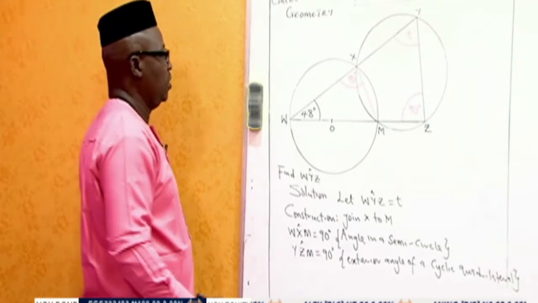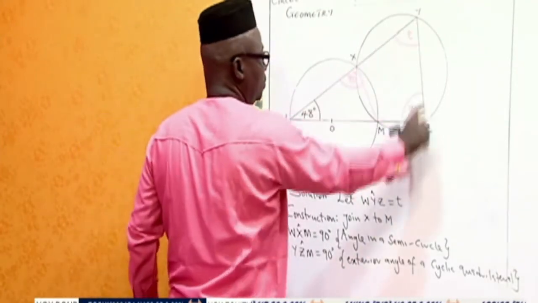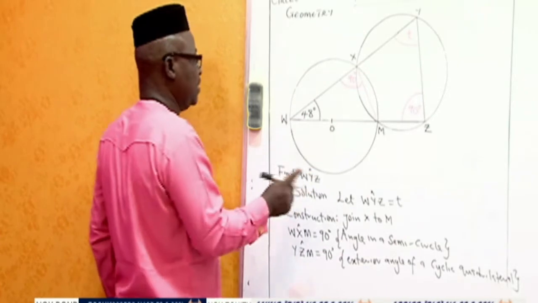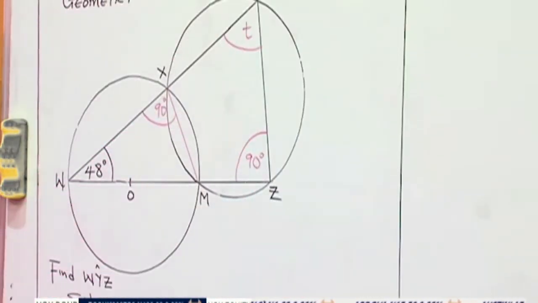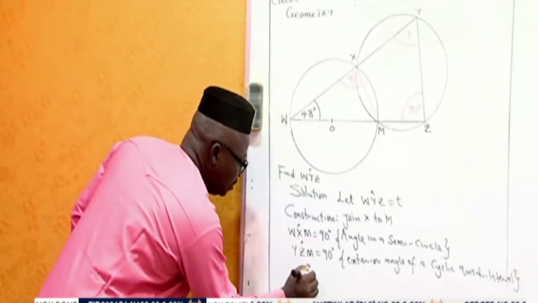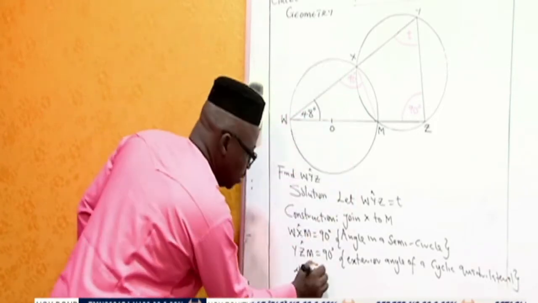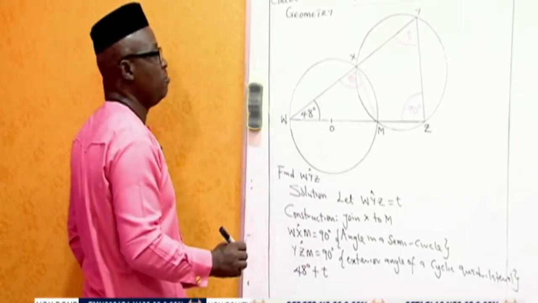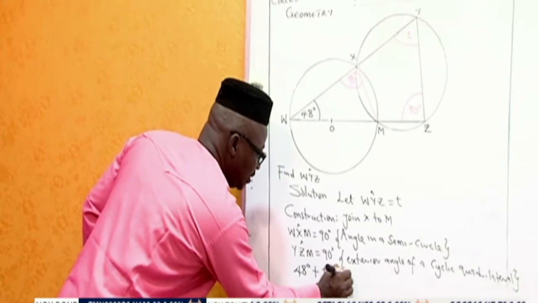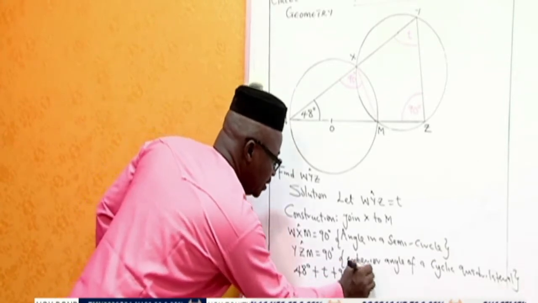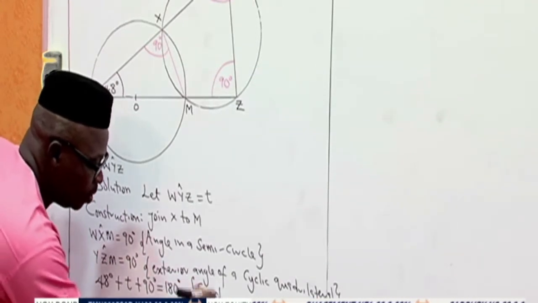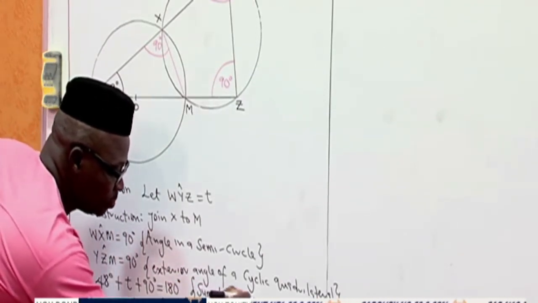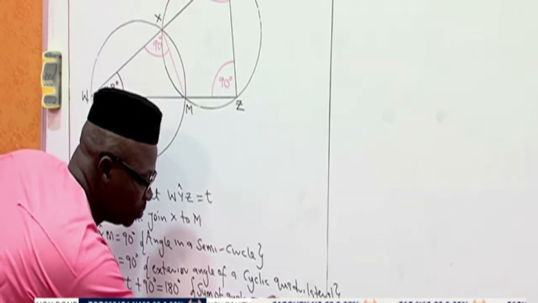So at this point, I'm going to consider this triangle and use the fact that the sum of angles in a triangle, 48 plus t plus 90, must be 180. So I'm going to say 48 degrees plus angle t that we are looking for, then plus 90 degrees, all is 180 degrees. Reason for that, sum of angles in a triangle.